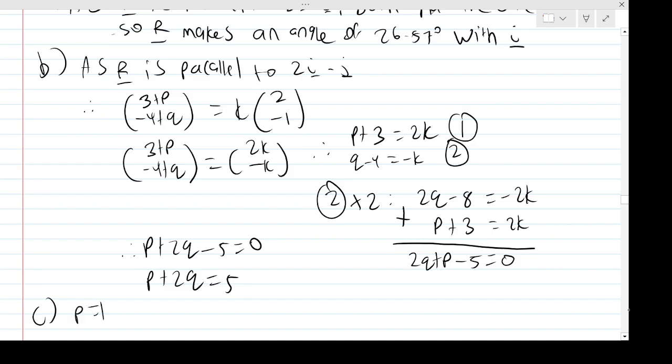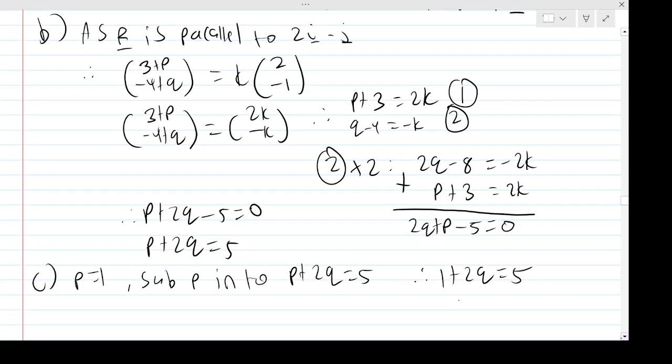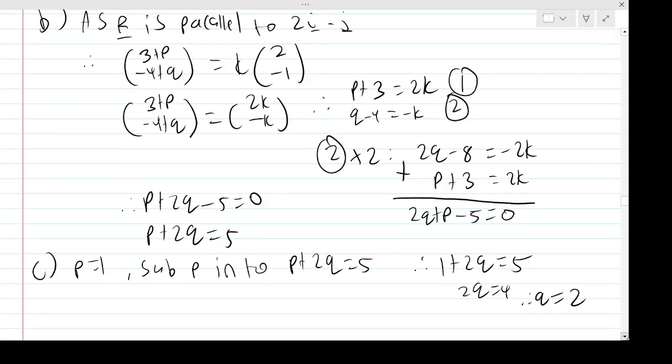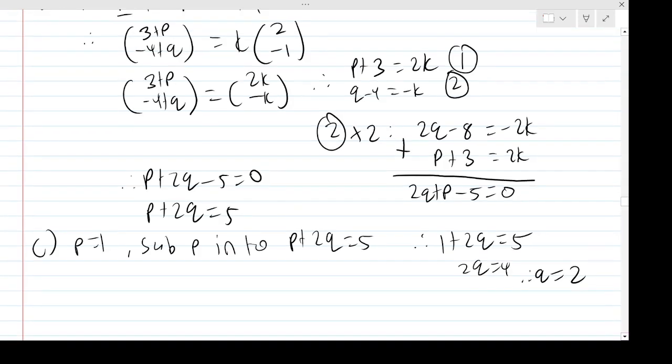Well, actually, we can sub P into this equation here that we just found. So if I substitute P is 1, we get 1 add 2Q is 5. So then 2Q is going to be 4. So therefore, Q is 2.